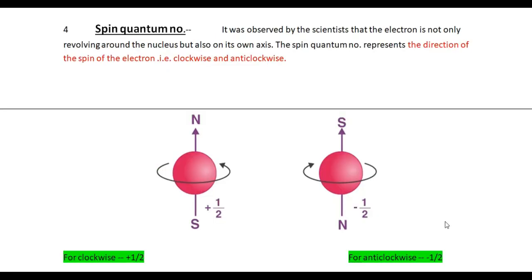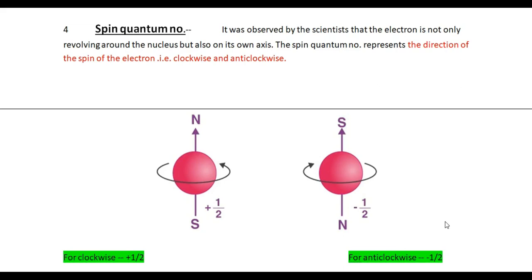The last quantum number is the spin quantum number. It's observed that the electron in an atom is not only revolving around the nucleus, but is also spinning around its own axis. This quantum number describes the spin orientation of the electron. It's designated by ms. Since the electron can spin in only two ways, clockwise or anticlockwise, the spin quantum number can take only two values, plus half and minus half.